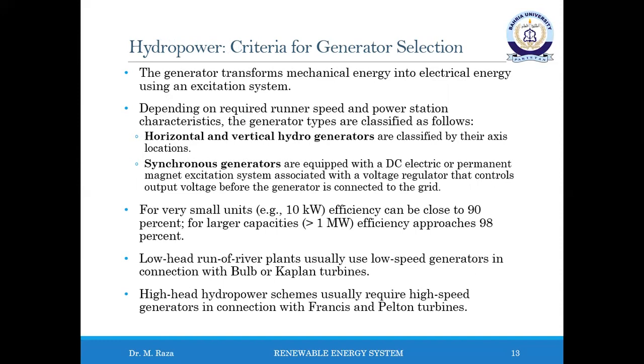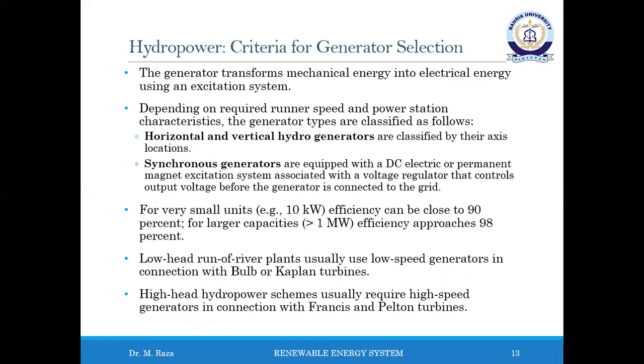Synchronous generators are equipped with the DC electrical or permanent magnet excitation system associated with the voltage regulator that controls output voltage before the generator is connected to the grid. Synchronous generator excitation is independent of the grid, so synchronous generators can produce power even without grid connection.